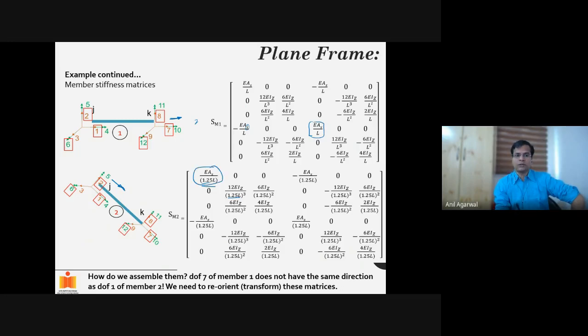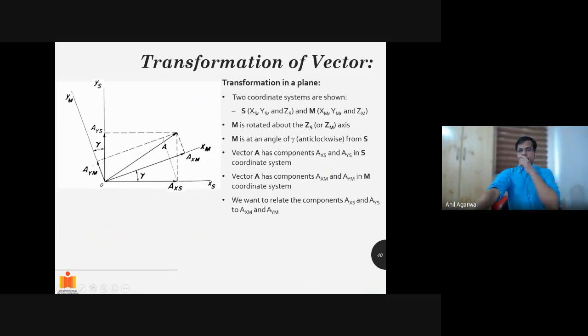Because a unit movement in one direction here basically means some movement in 7 direction and some movement in 8 direction. So this can be broken as some movement in 7 direction and some movement in 8 direction. It cannot be simply assembled. That brings us to some transformation concepts.